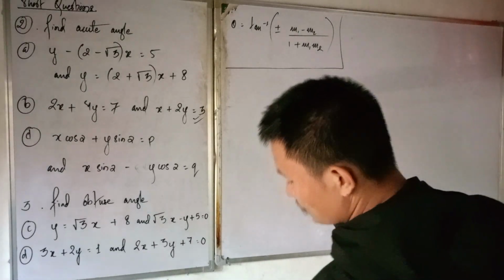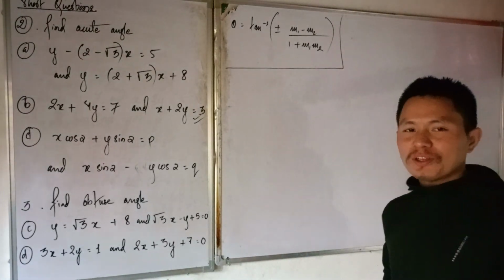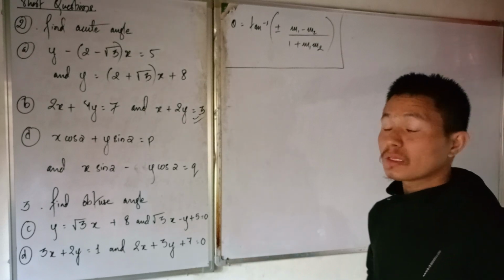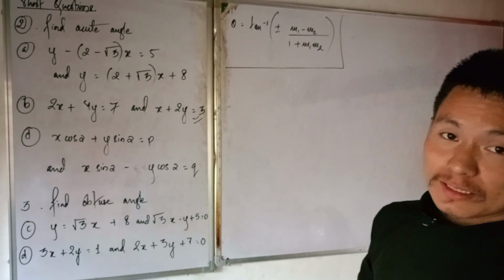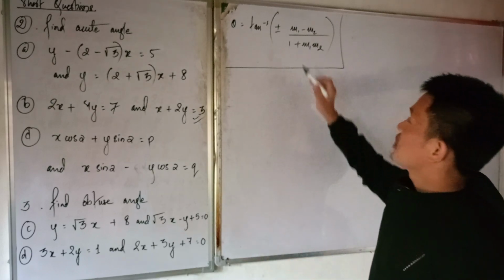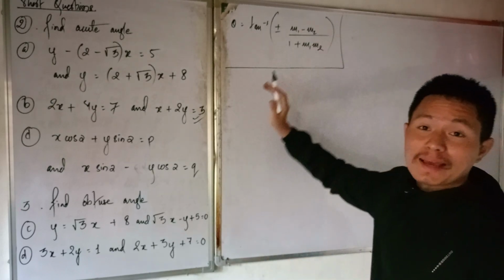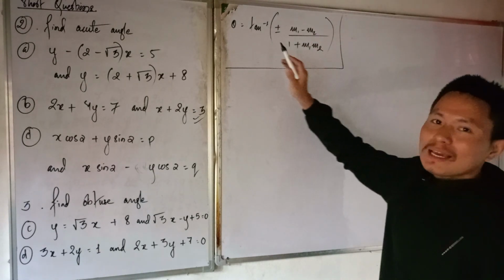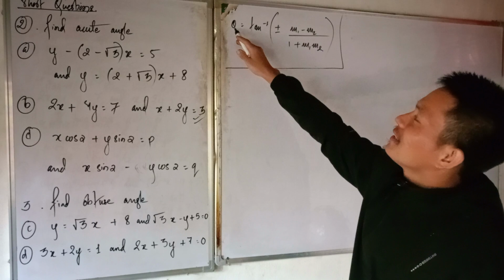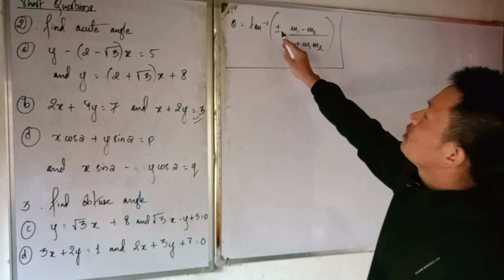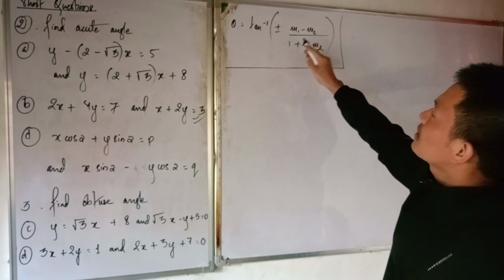In number 2, any two different lines will be given. In that case, we have to find the slope of both lines, one represented by m1, another by m2. After finding the slope of both lines, we use this formula: theta, which represents the angle, equals tan inverse of plus or minus (m1 minus m2) divided by (1 plus m1 m2).